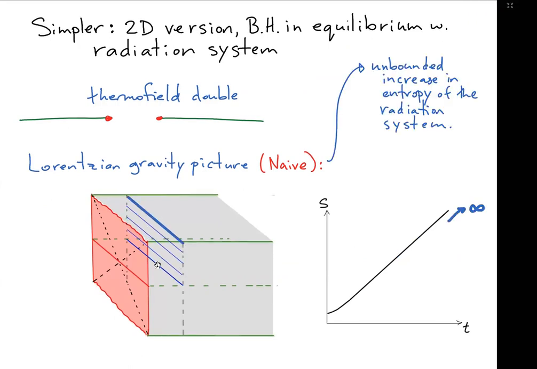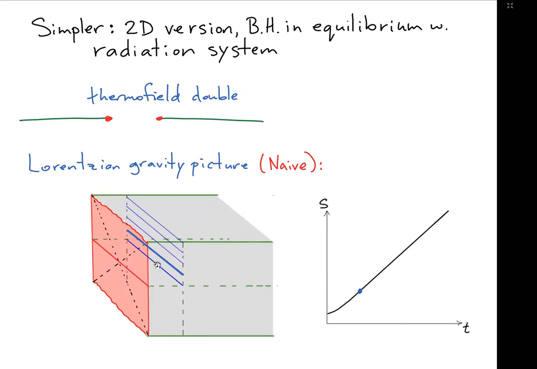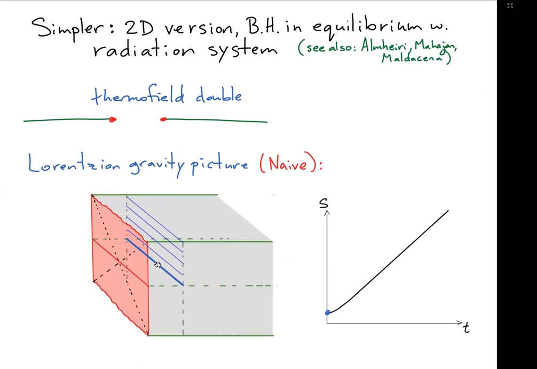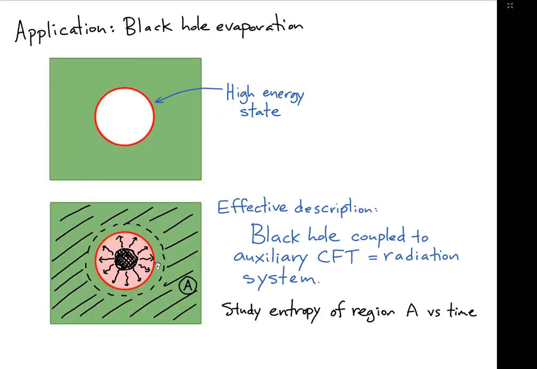Sorry, Mark, can I just ask a question? Yeah. So in your previous slide. Yeah. So perhaps I should have asked this before. So from the gravity point of view, you're putting some kind of an absorbing boundary condition on this red side. Is that? Yeah. So in this picture, this is the effective gravity picture where you have your CFT coupled to gravity in the middle region, and then you just have a field theory on the outside.